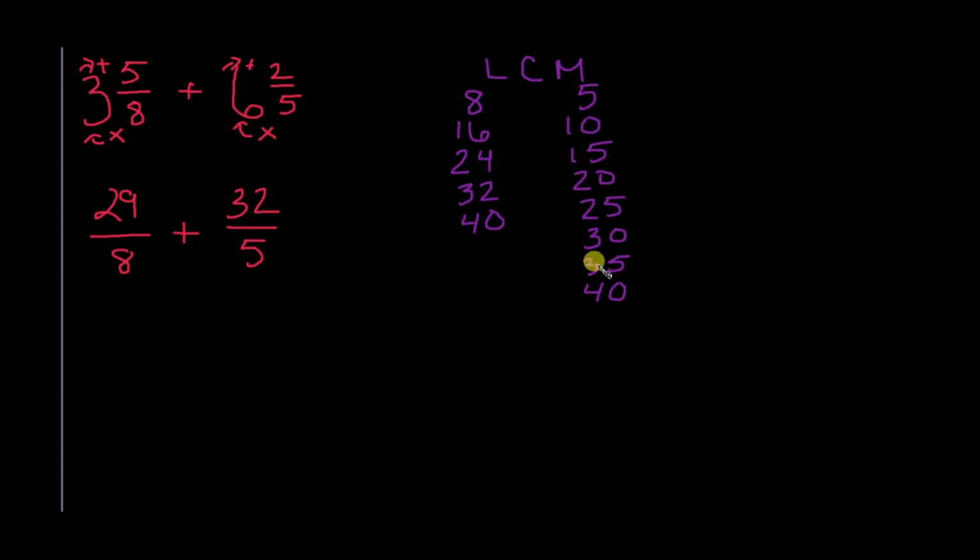If you look down your columns, you'll see that the number they have in common is 40, and it is the least number they have in common.